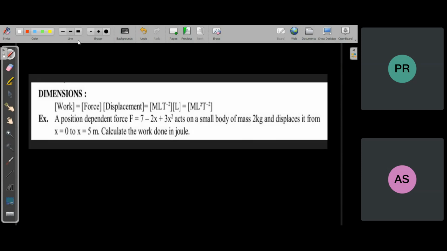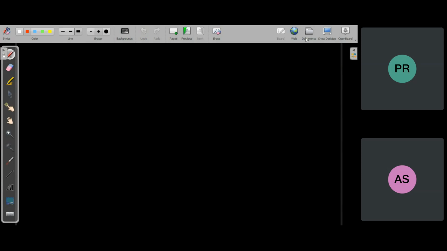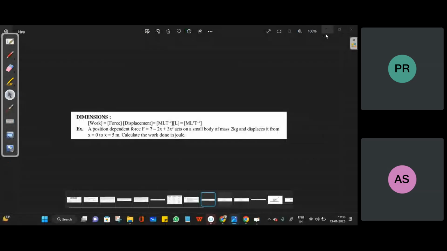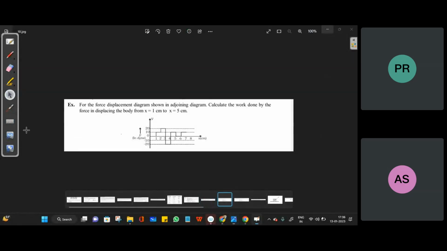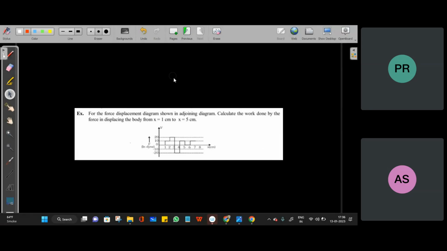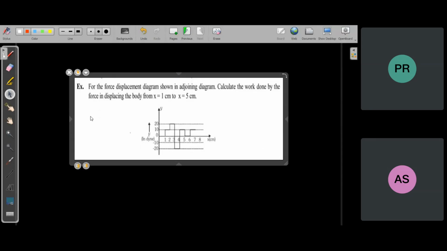The force, sir. Will you integrate force, or the dot product of force and displacement? The dot product, F dot dx. Yes, try this.